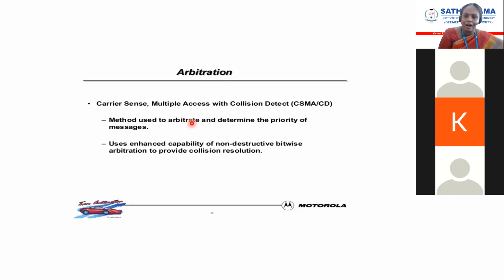If an engine failure or brake failure comes, for example, while some light inside the car is glowing and at the same time the anti-braking system is not working, we definitely give attention to the ABS. Similarly, the CAN controller gives priority and identifies the maximum priority message, and through that the CAN controller gives attention.